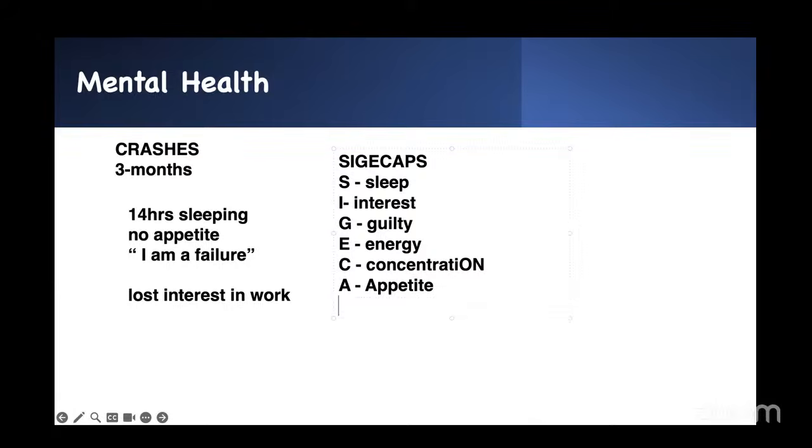And then the P is the psychomotor agitation, which is usually they get mad so quickly. And of course, we all know the S is suicide. This is what the patient is portraying. She's showing signs of depression. What is your number one thing now?